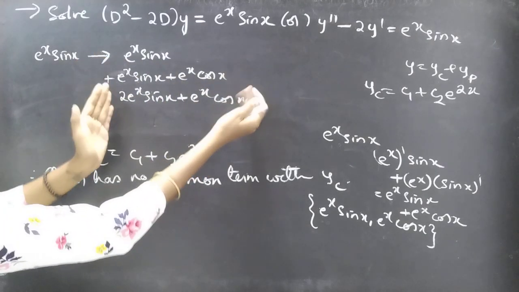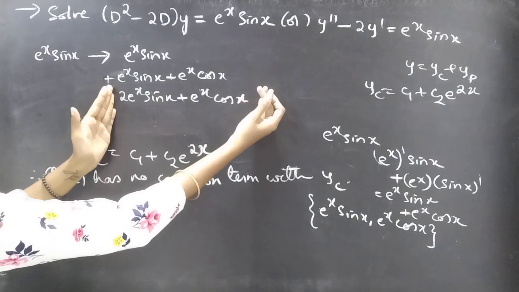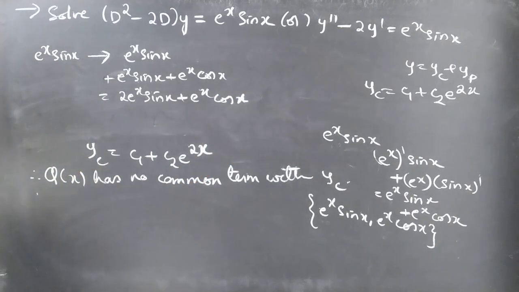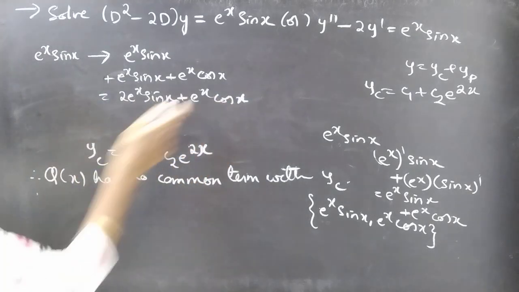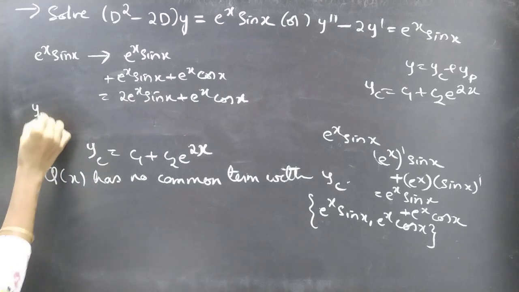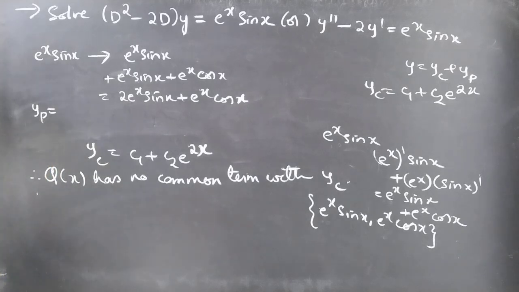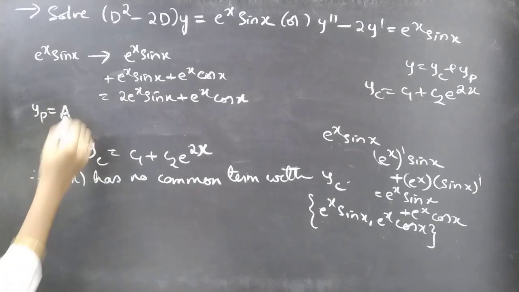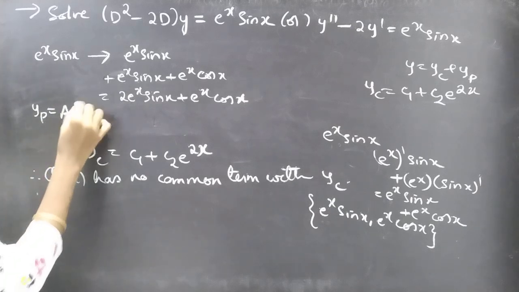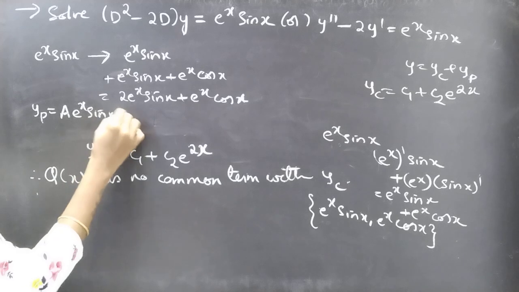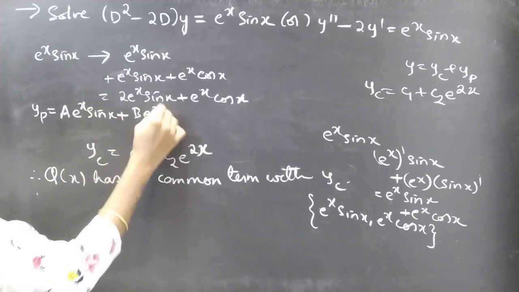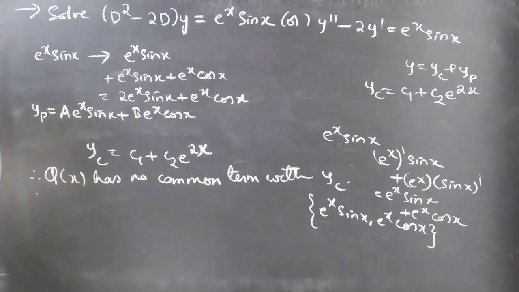So finally I'll sum up and obtain this. Using this, I'll write yp equal to, now you can just neglect the constants, yp equal to a e power x sin x plus b e power x cos x.